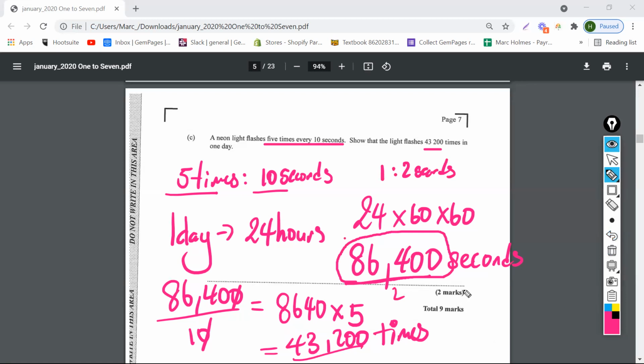You understand what I mean? Oh yeah, I get it. So in the end, if you did it that way to say it flashes 1 time every 2 seconds, then you could divide 86,400 by 2 to get you 43,200. But you need to show them how you get 43,200. So I would say do it this way, how I did it for sure.